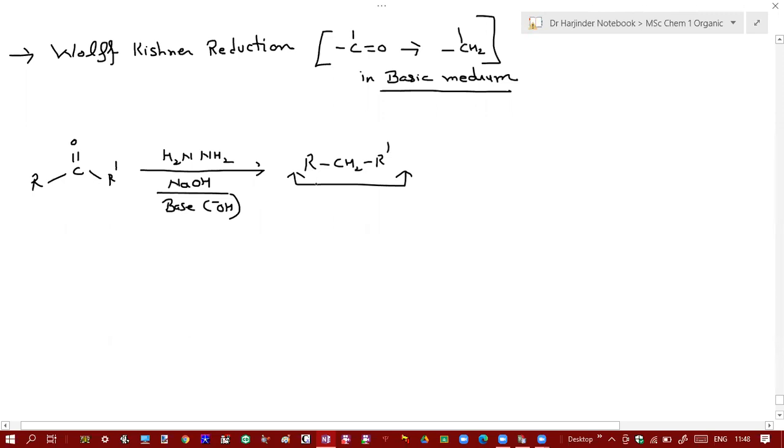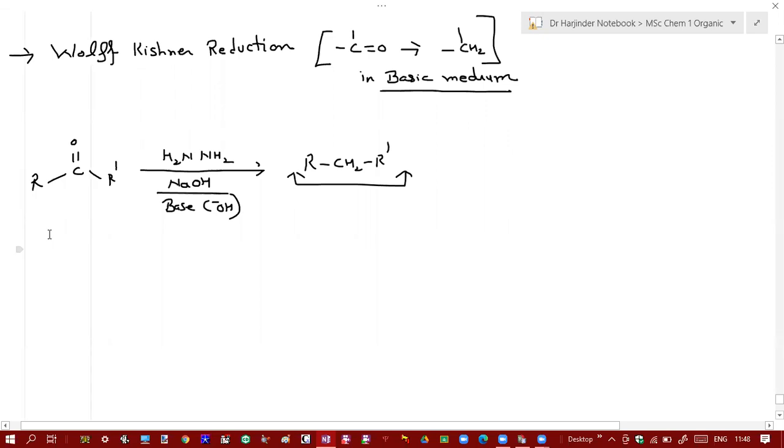So this reaction is called Wolff-Kishner reduction. It is a reduction of carbonyl compounds, aldehydes or ketones, to the corresponding alkanes in the presence of hydrazine under basic conditions. So let's look at the mechanism.